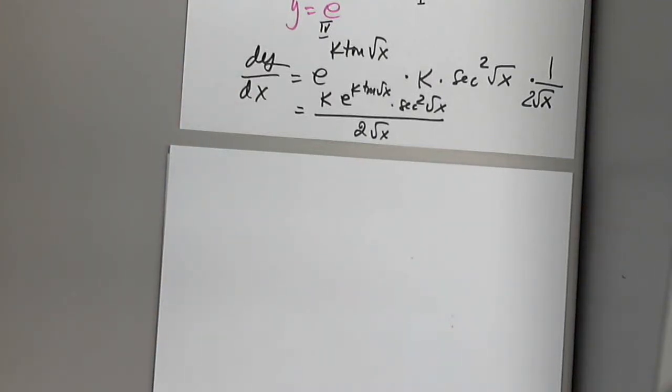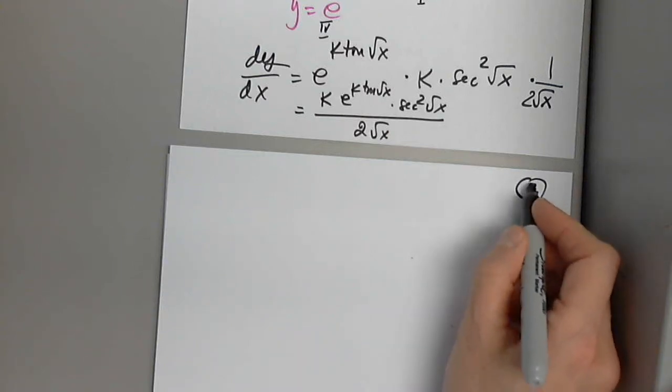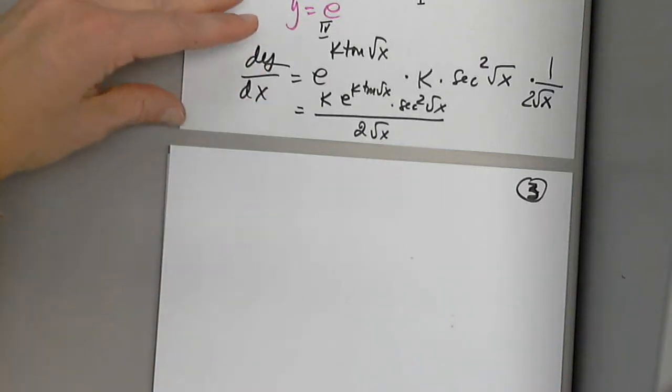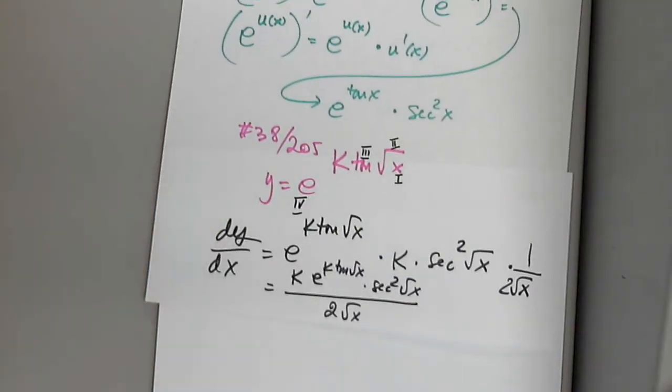Any questions, please? Yes, please. Savannah, go ahead. How do we, when I put in the secant squared of 0, it wasn't 1.